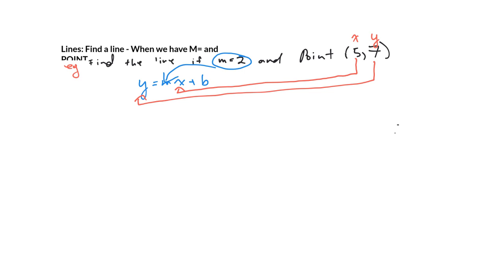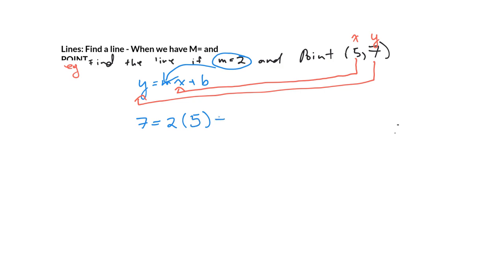Once we do that, there's only going to be one letter left to work with, and I'll show you how that works. You're going to plug in 7 for y, equals, well, the m was 2, so we put 2 in. Then we put a bracket, and we put where our 5 was for x.